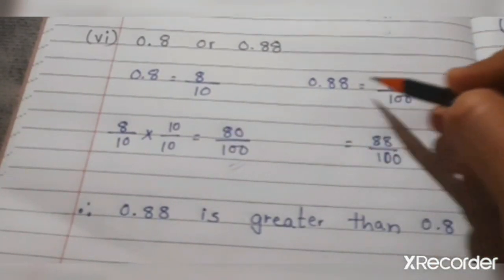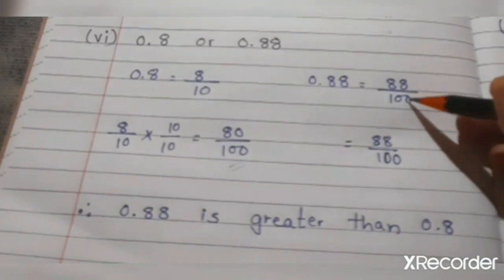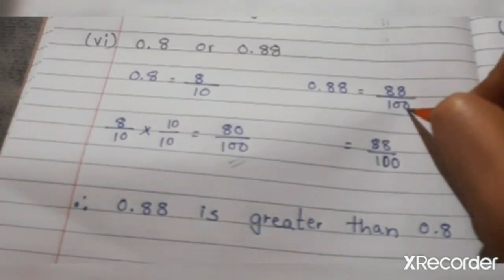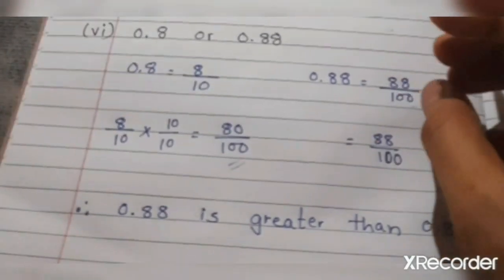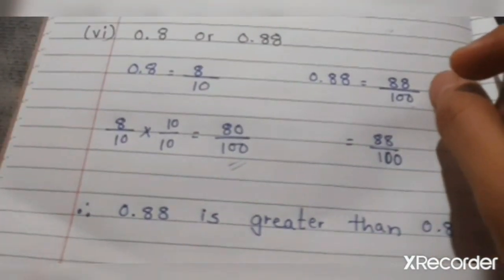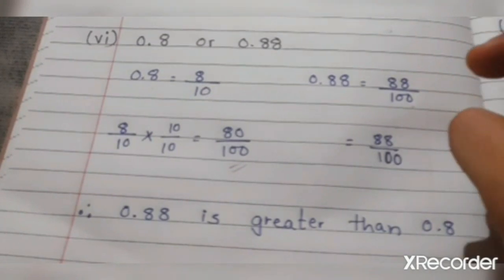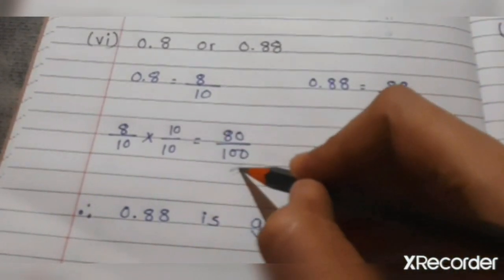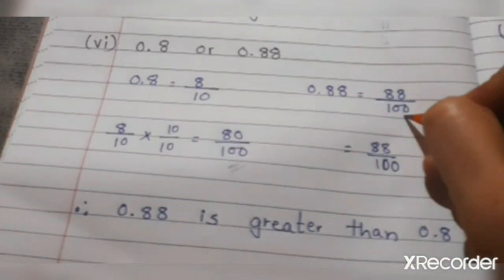And 0.88 means 88 upon 100. Now convert them into equivalent fractions or like fractions. We need the denominator same. Here we have denominator 100.